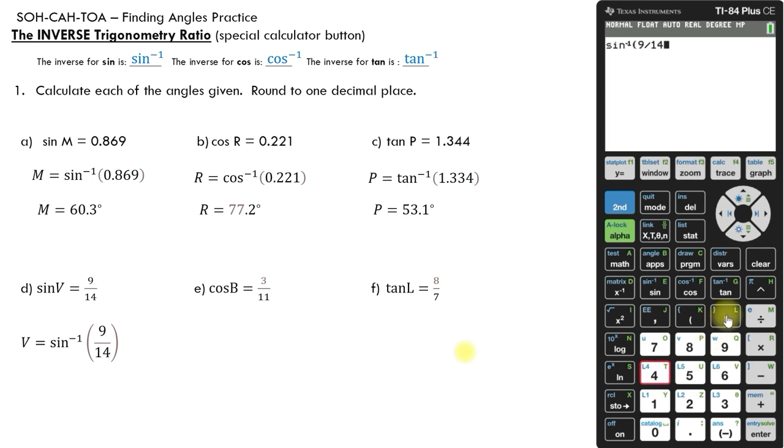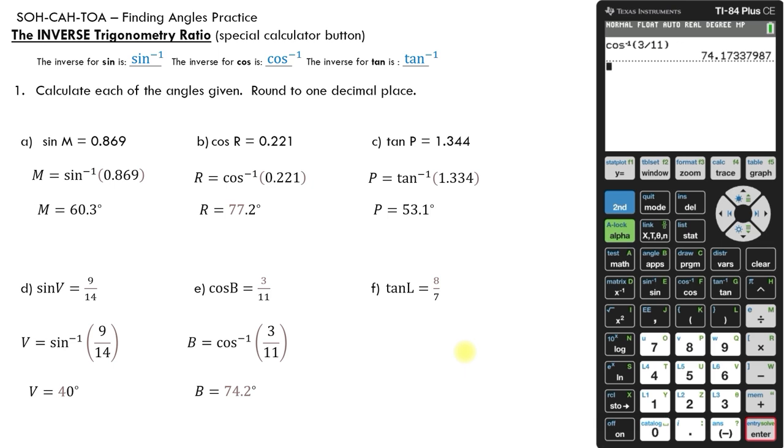We should be careful to close our brackets, especially when we're using fractions. Enter will give us an answer of 40 degrees. Question E states that the cosine of B equals 3/11. Second function, cosine brings up our inverse cos. 3 divided by 11. Again, being careful to close the brackets when we're using fractions. Click enter.